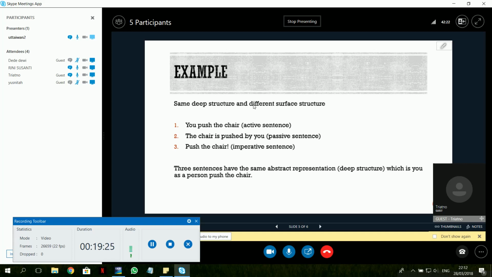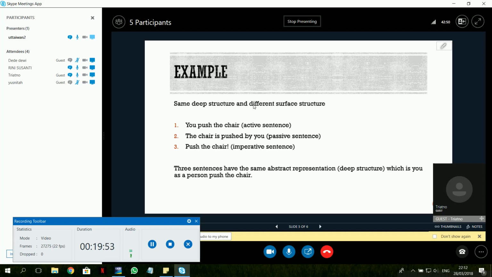Kayak misalnya dalam bahasa Indonesia, aku makan roti. Ya, atau kalimat lainnya, apakah kamu makan roti? Roti itu sudah kamu makan. Sebenarnya kan arti kalimat intinya adalah aku makan roti, tapi bisa dibuat kalimat aku sedang makan roti. Roti sedang dimakan aku.